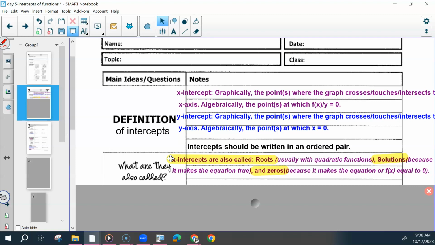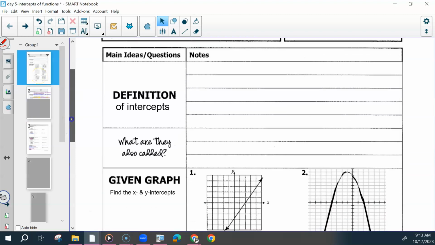And zeros because it makes the equation or f of x or y equal to 0. When you finish writing, we'll move on, for time's sake.